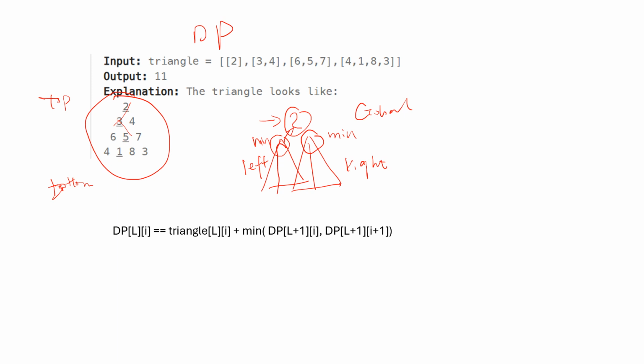In this case, if this is the subproblem now, then what we can do is further divide it. We can divide these as a subproblem and these as a subproblem. Then we will solve that, and the same thing applies to these. If we consider this as a subproblem, we can further divide it into a subproblem like 4 and 1.